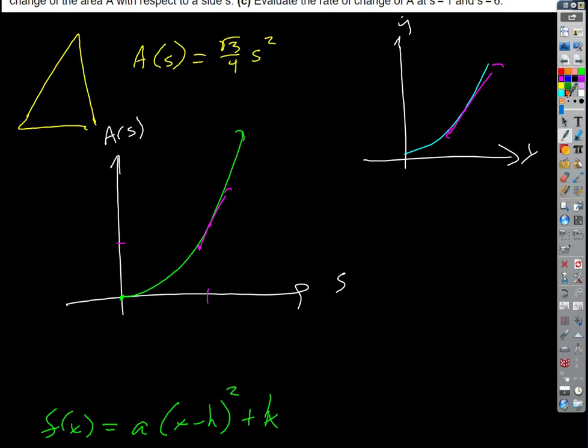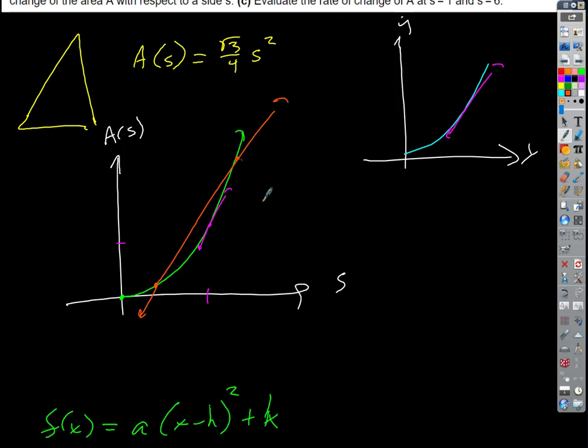So there's a point and there's a point. If I connect those, I get an average rate of change, but lots of concepts come together here, right? Average rate of change is just a rate of change between two values of S and A, right? So that's an average rate of change from here to here, okay?